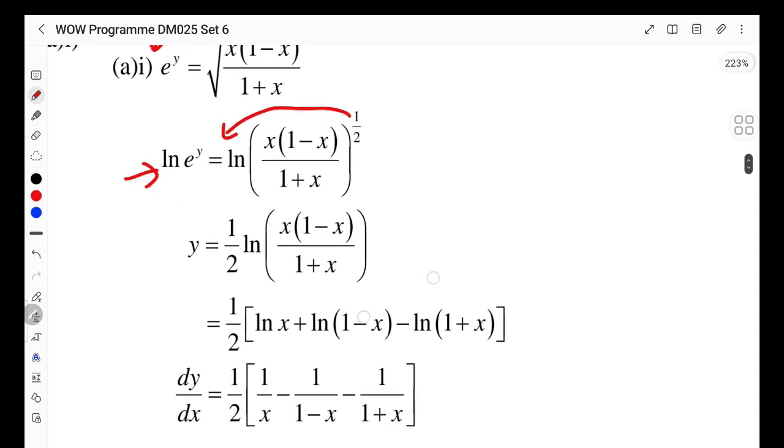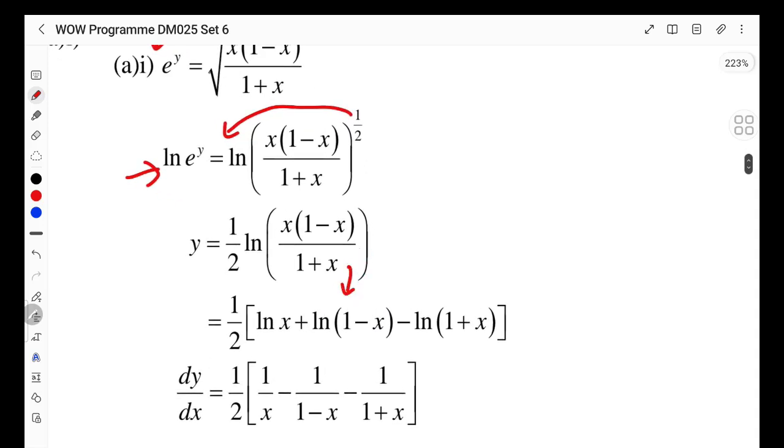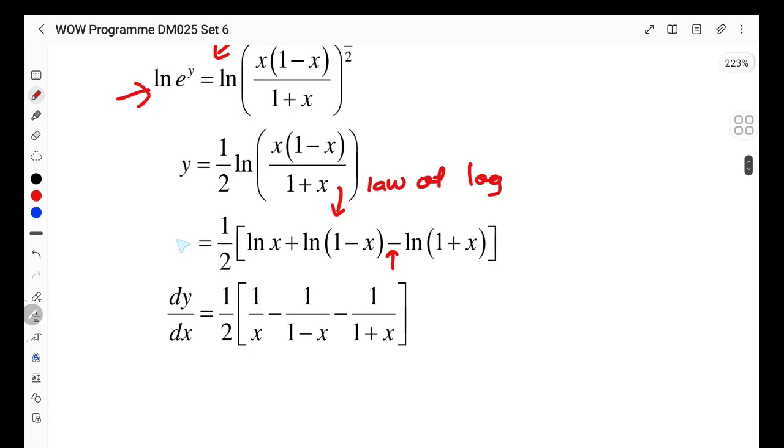Okay, then by using the law of logarithm, this is multiply, this is divide. So ln x plus ln 1 minus x minus ln 1 plus x. Okay, law of logarithm: multiply becomes plus, divide becomes minus. Okay, next, now you can differentiate this function.